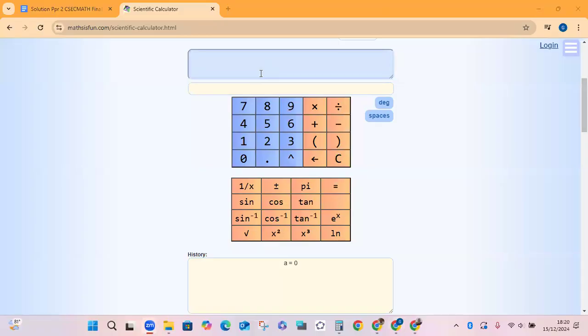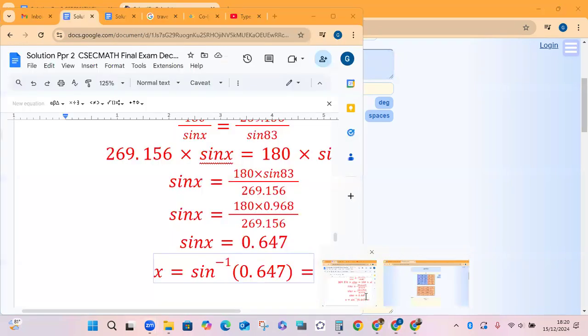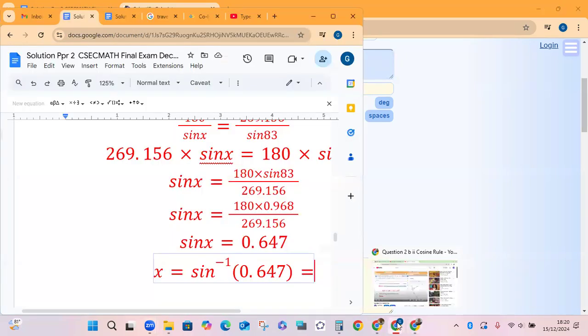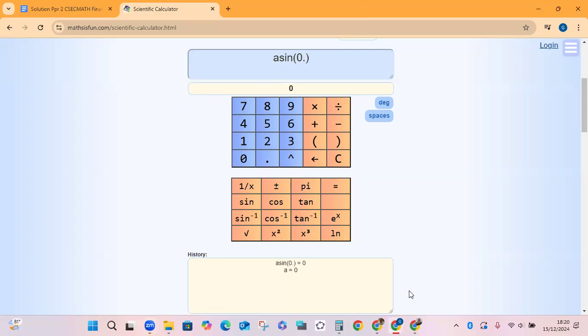The online calculator on Math is Fun. So we find the inverse sine of 0.647. And that's 40.32.